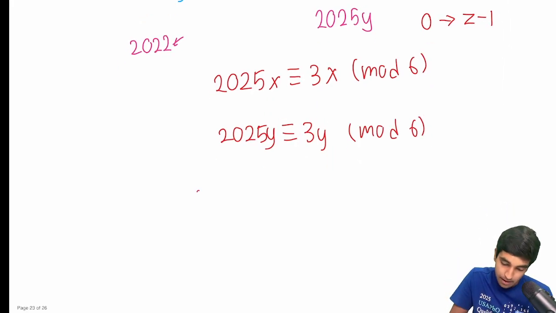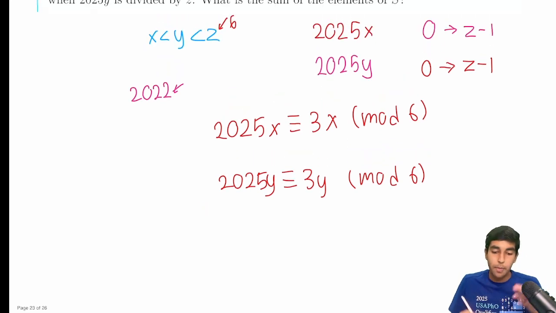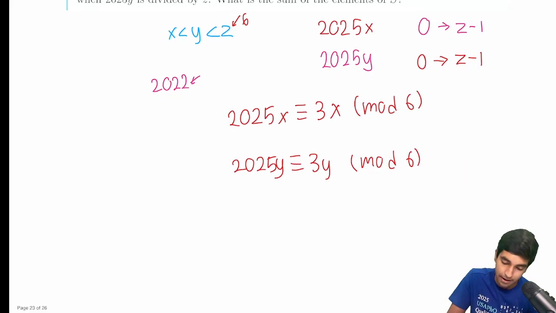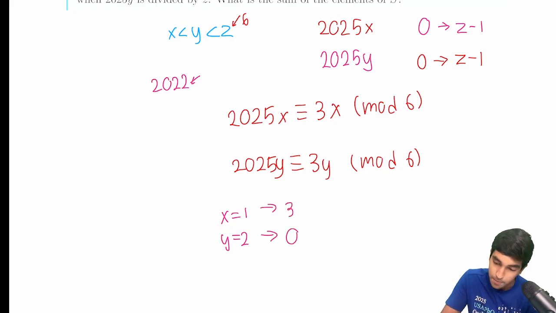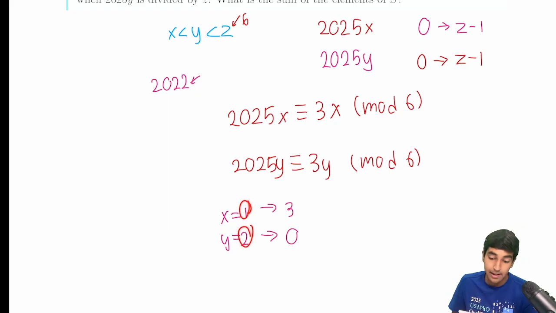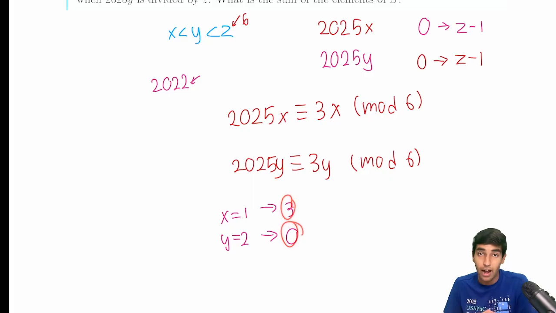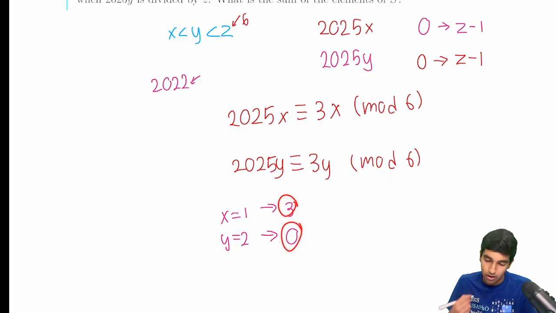Let's say x is 1 and y is 2, right? Oh, look here. The remainder is 3. Here, the remainder is 0. So we have x less than y, but is the remainder of 2025x, or 3x, less than the remainder of 2025y, or 3y? Well, no, because 3 is not less than 0. So 6 would not work.